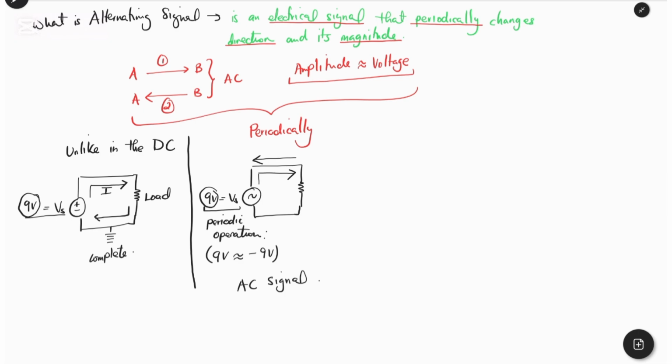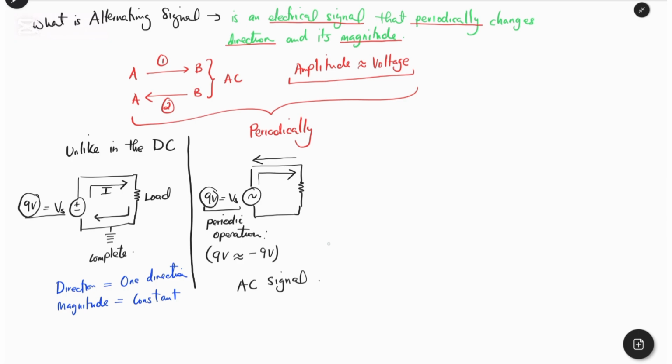To see the comparison for the DC, the direction and the magnitude: we can say the magnitude is constant to drive the load, and the direction, we have only one direction.